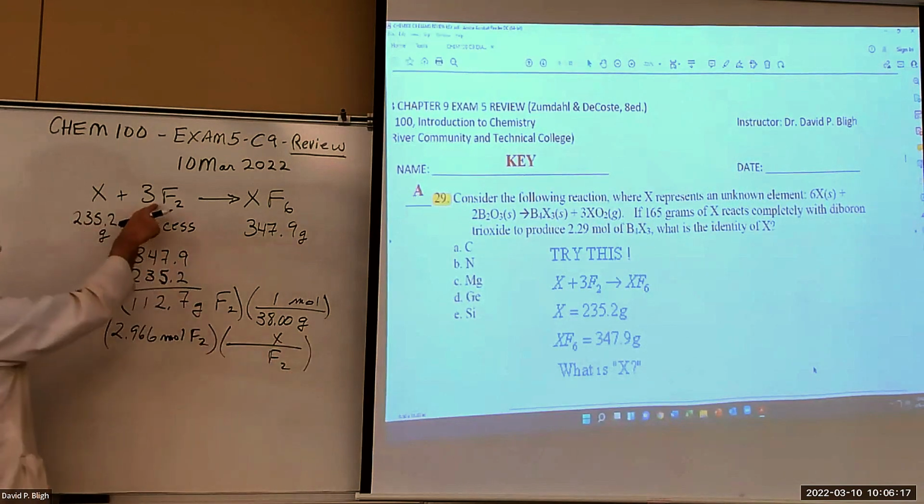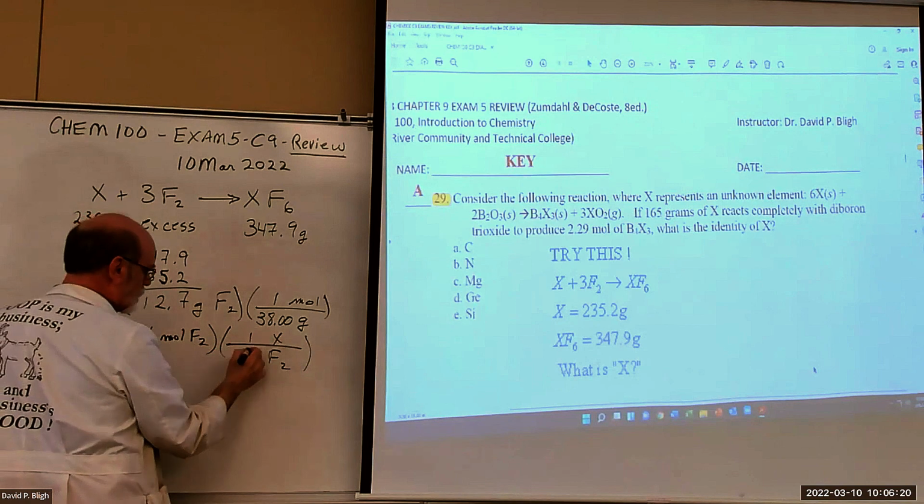Now we can convert that to moles of X, because we know the ratio. 3 of these for every one of those.